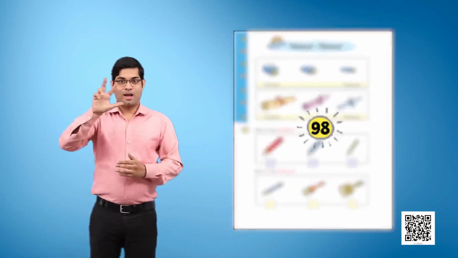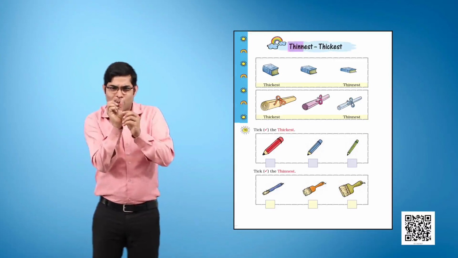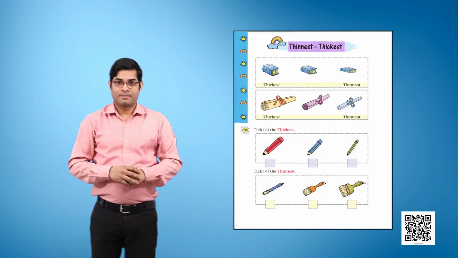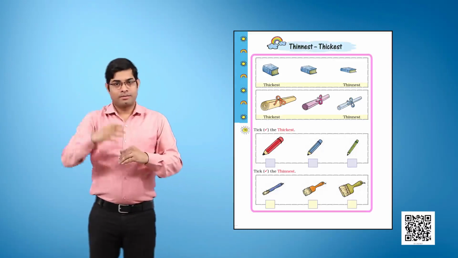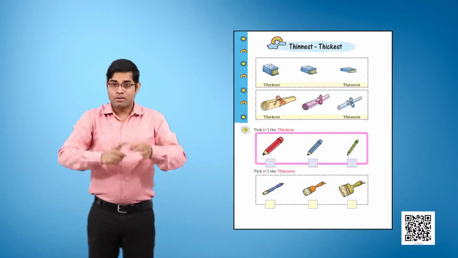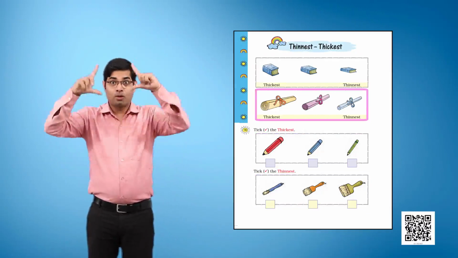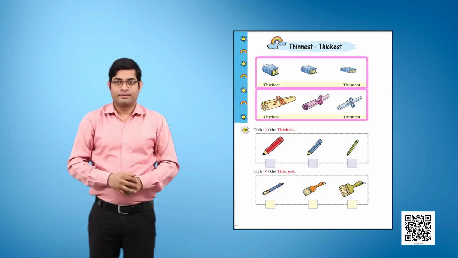Page 98. Thinnest and thickest. This page is divided into 4 parts. Each part has a picture and a question. Part 1 and 2 are solved as examples.